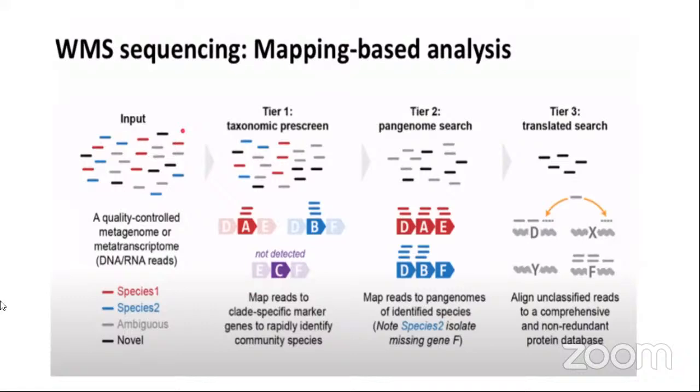Note that in this case, you didn't have a species 2, which is missing from gene F, so we don't get an idea of that. And in tier 3, we align the unclassified reads to a comprehensive and non-redundant protein database.